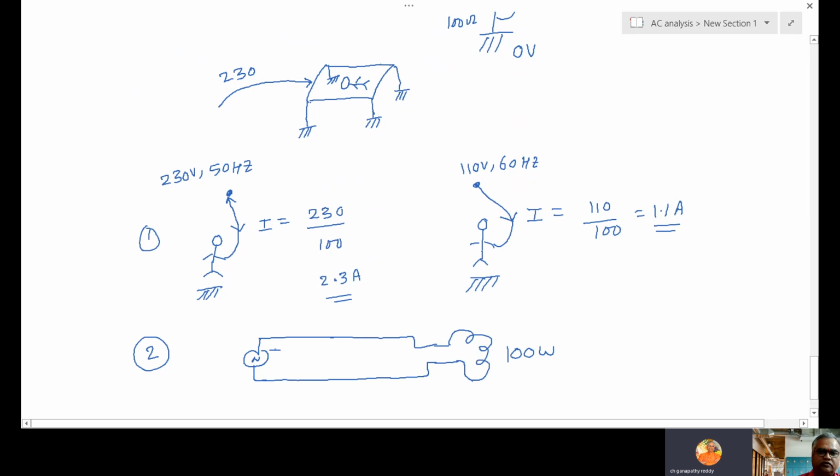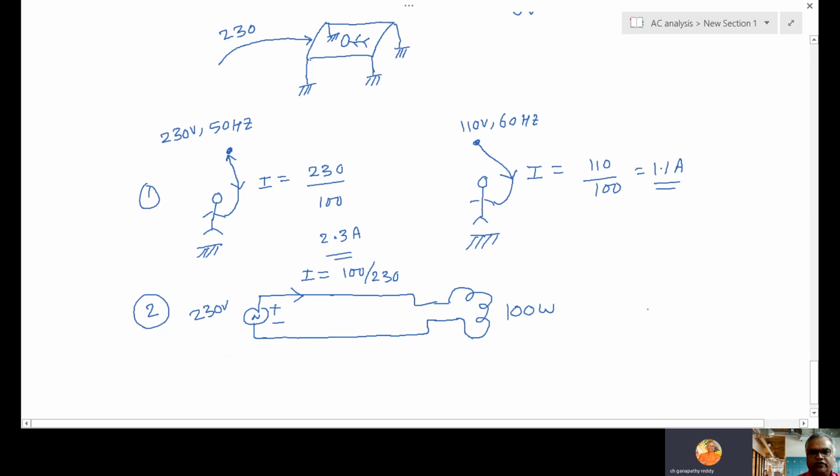Applying 230 volts, how much current will flow here? It is 100 watts by 230. Voltage into current is power, isn't it?